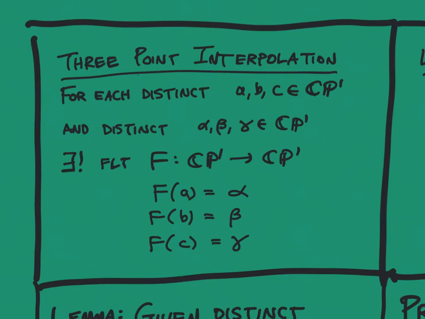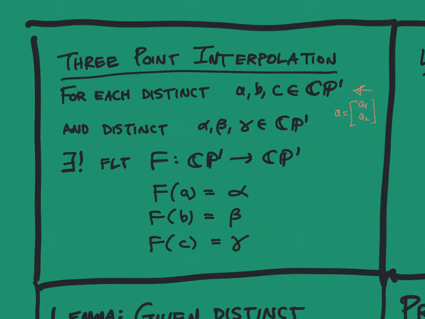Next, let's talk about this basic but remarkable theorem about interpolation for fractional linear transformations, which is a three-point interpolation theorem. It says that for each distinct a, b, and c in CP1, and notice here I'm writing a, b, and c as points in CP1, which might be different than I've been doing it.